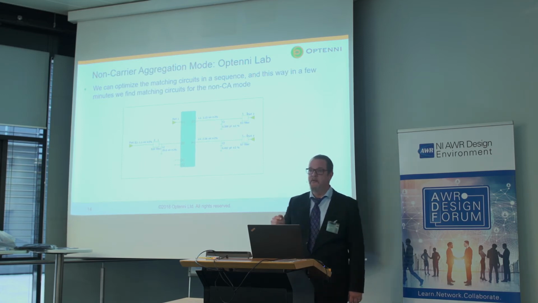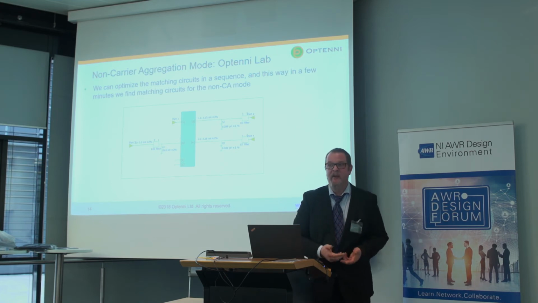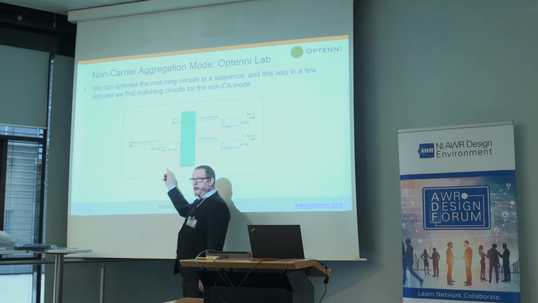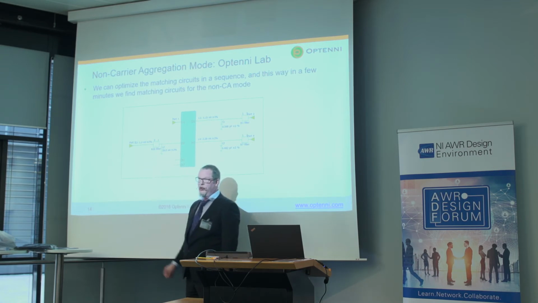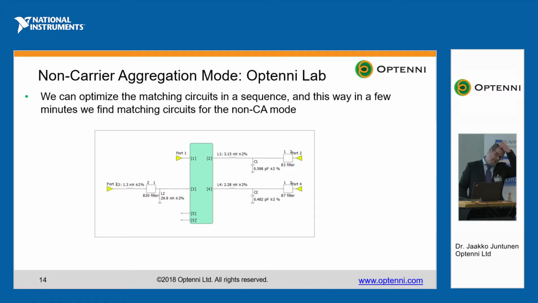This is not necessarily so intuitive, and you could spend a lot of time seeking these topologies. How should you know that this filter benefits from that kind of topology? Maybe there could be theoretical reasons to favor this or that, but then you have an unknown factor, which is the switch. You know how your filters work, but there is something non-ideal in the switch itself. So this is now more or less a push-button solution.